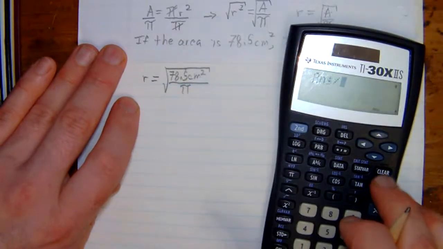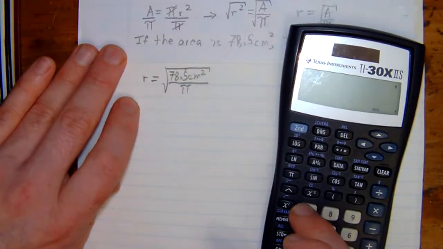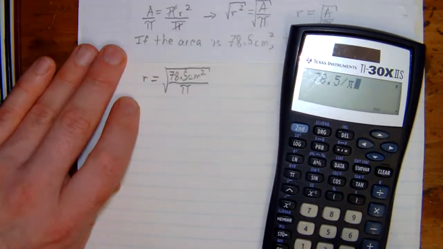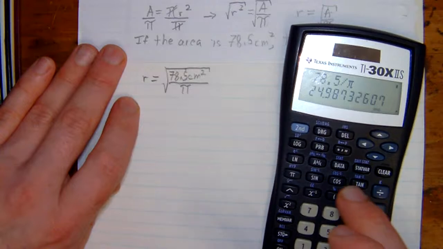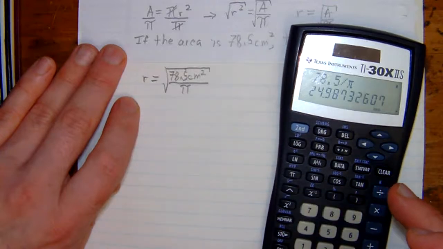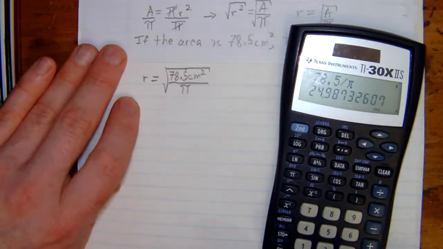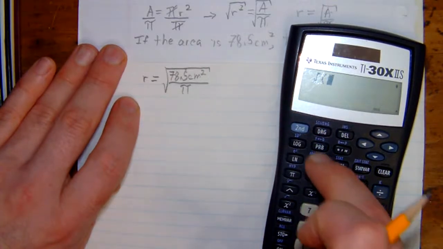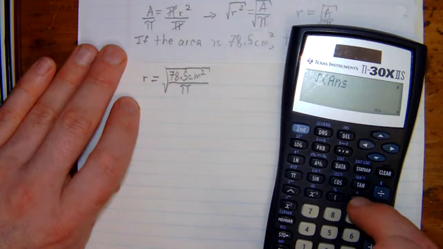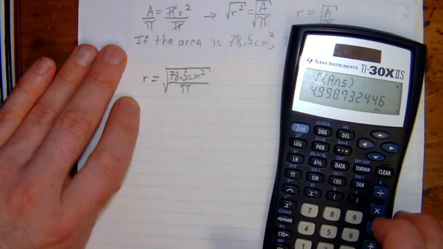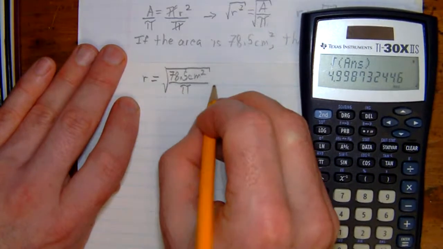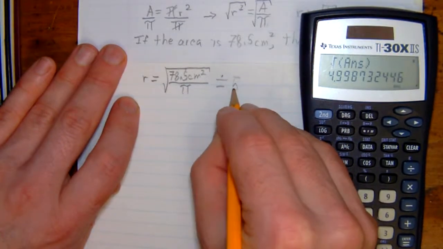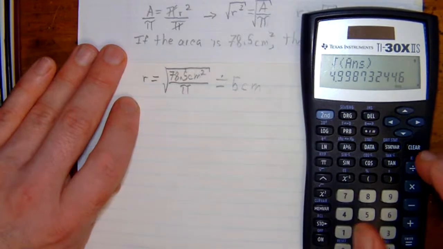and then I can plug that into a calculator. So I'm going to go 78.5 divided by pi, and then I have to square root that. So I'm going to go second function square root, and my answer from the last calculation, and we get 4.998, or very close to 5 centimeters.